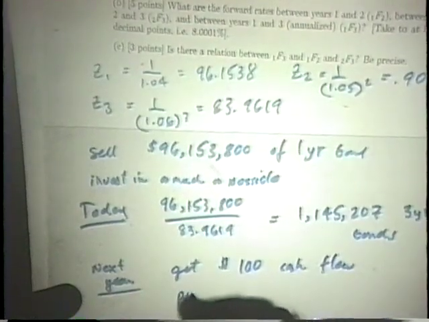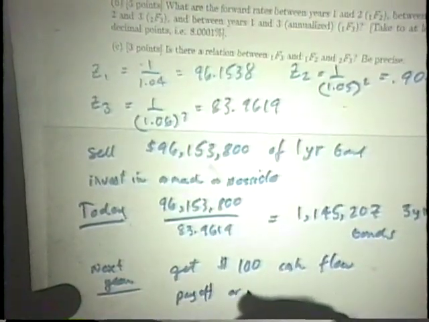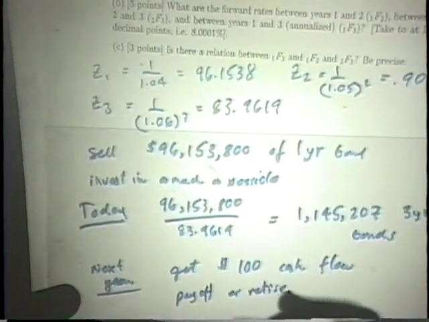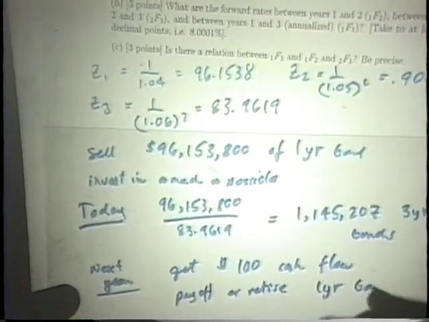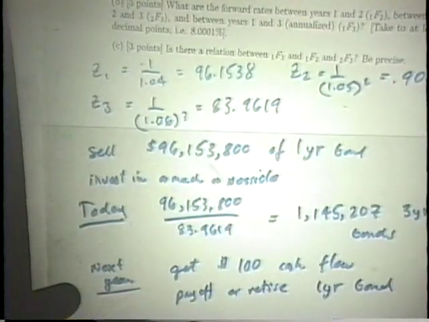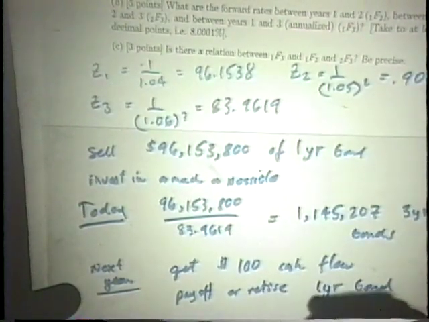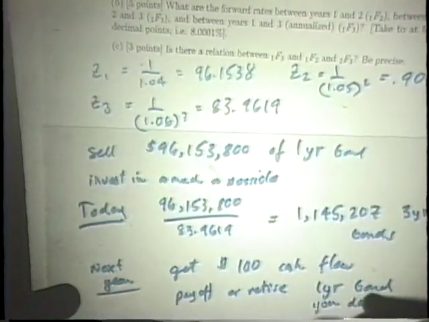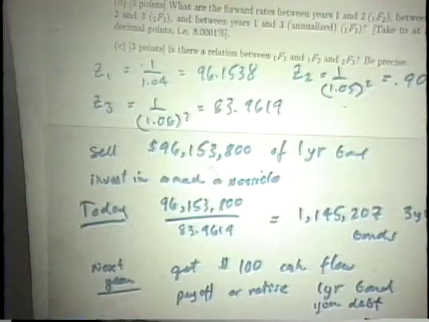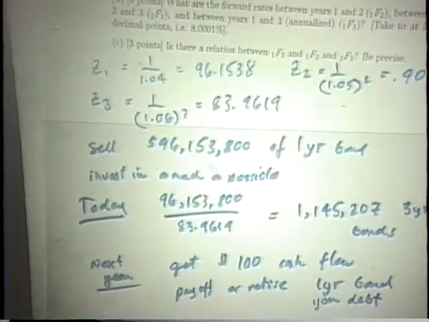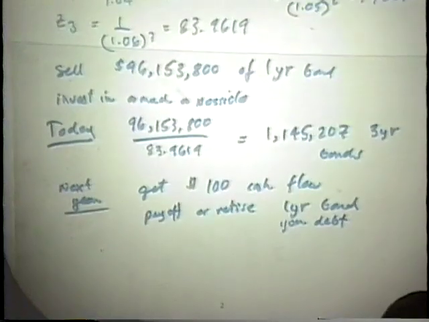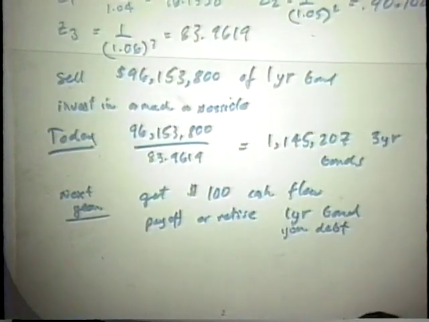You pay off or retire the 1-year bond, or if you want to think of this in terms of your debt. And then basically we've got in our portfolio this 1.145 million of the 3-year bond, which now has 2 years to go. We hold it to maturity.